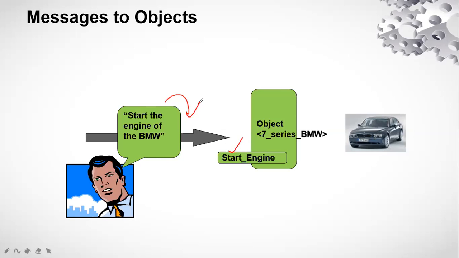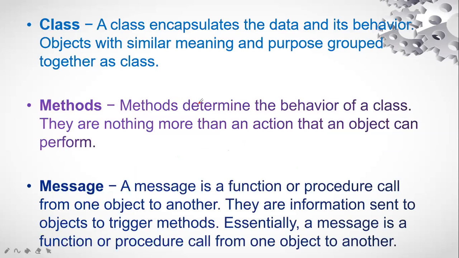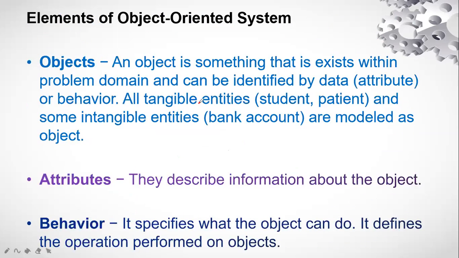So that is what the message is about. When we talk about this as theory, an object is something that exists within the problem domain and can be defined by data, that is attributes, or behavior.